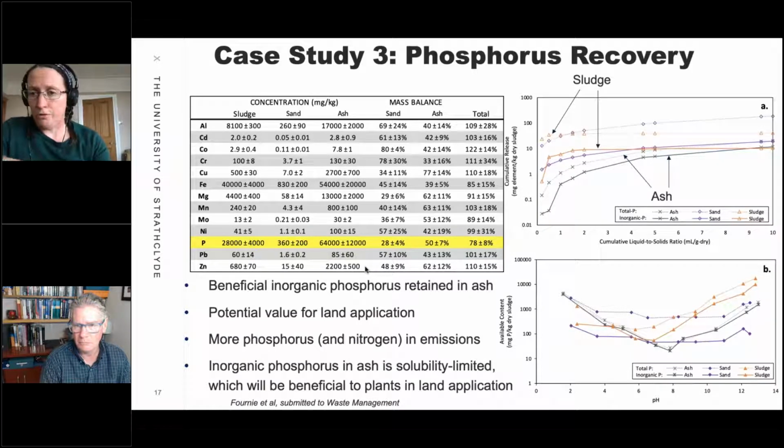We don't reach a plateau with the phosphorus that's been released. We've effectively transformed it into a solubility limited problem, and therefore releasing over time, and it's more inorganic phosphorus. We've actually retained 100% of the inorganic phosphorus content and possibly transformed some of that organic phosphorus through smoldering.